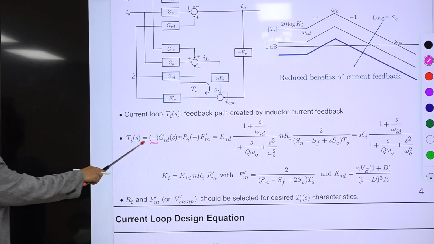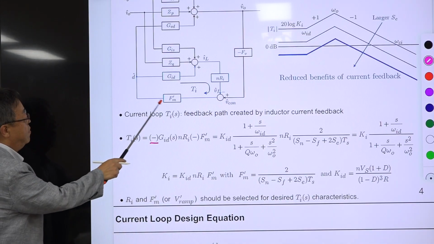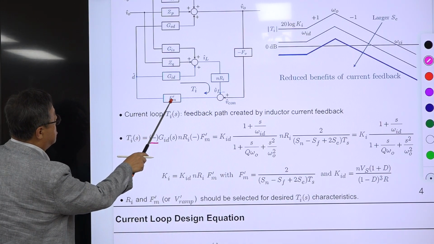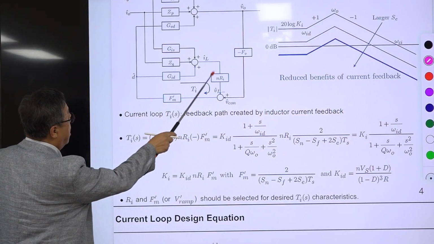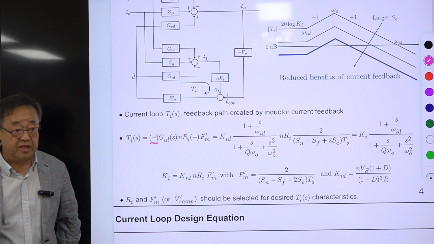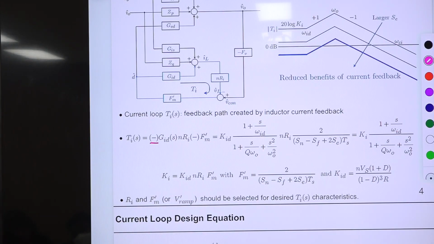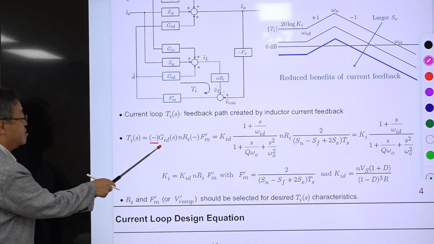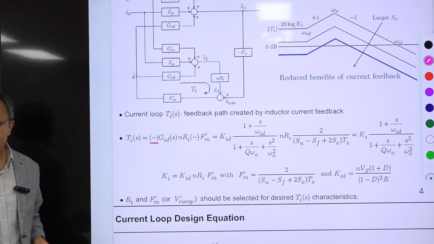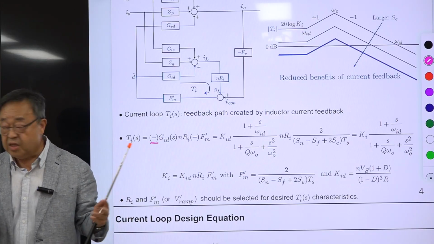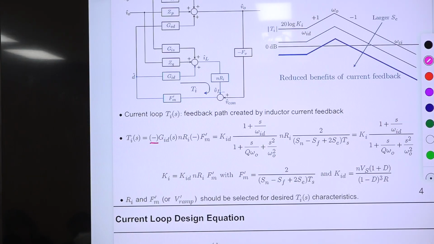So you are putting this minus sign in front, then this current loop Ti is this times, this times, this times, and there is one minus sign here, which indicates the negative feedback nature of our control. Okay, so by putting a minus sign in front of this, we avoid having to deal with the negative something. Okay, dealing with the positive thing is much easier than the other way around.